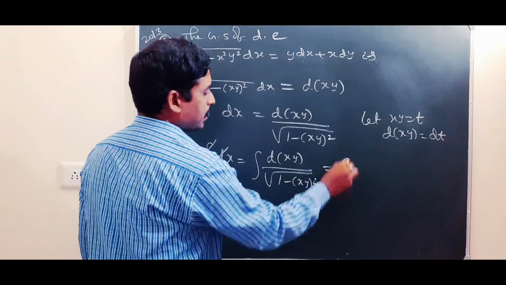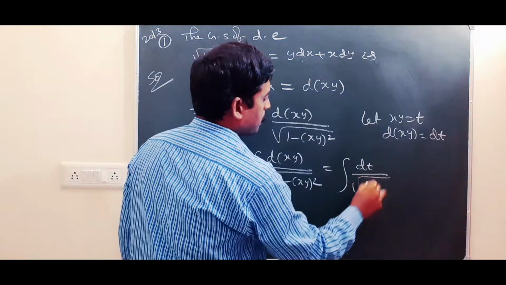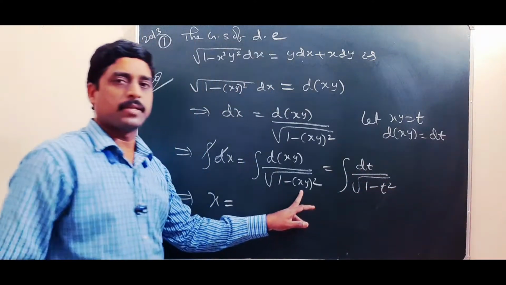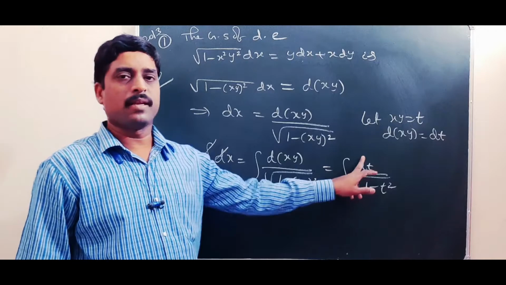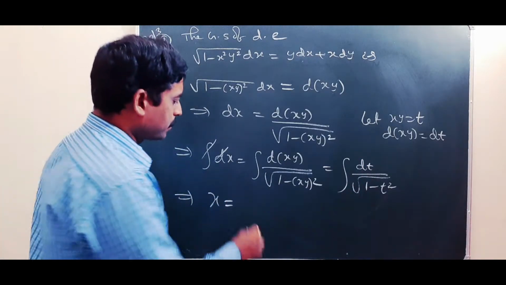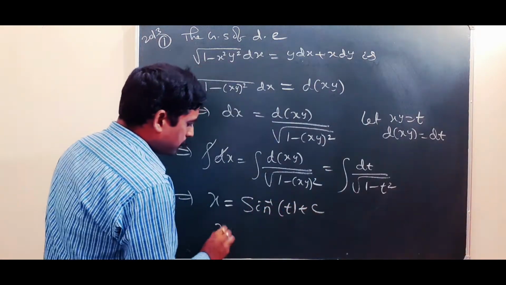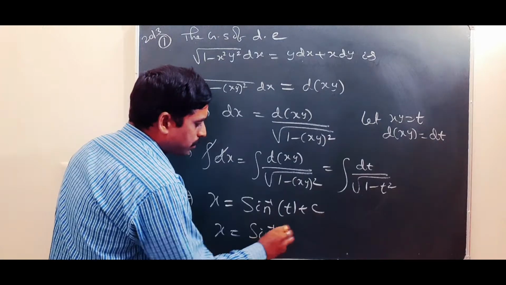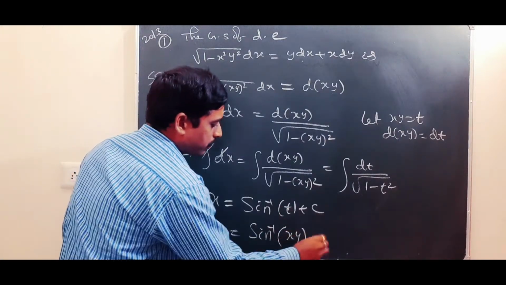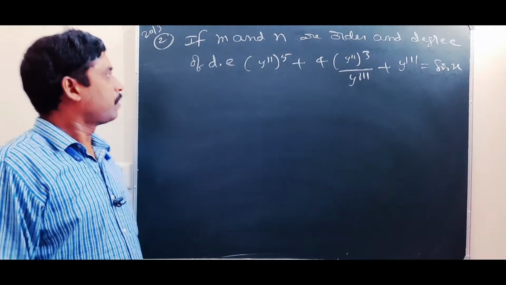It will be the integral dt by root under 1 minus t square. We have the sin inverse t formula, sin inverse t plus c. Therefore x is equal to sin inverse of, in the place of t, we should write xy. So this is the answer. Okay, let us go to the next problem.